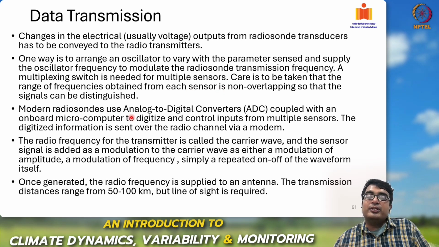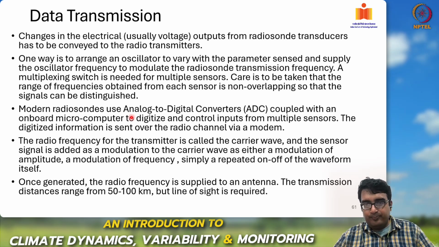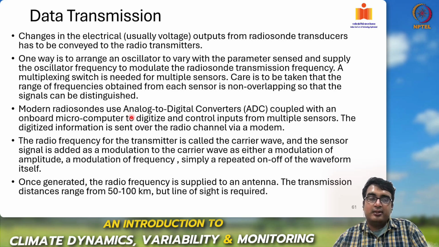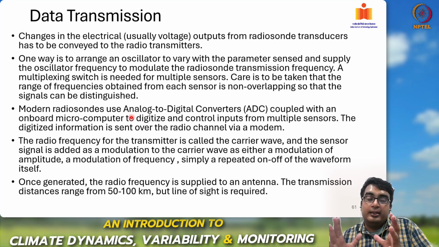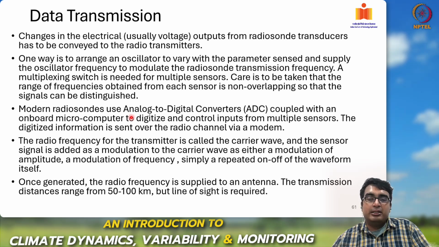Modern radiosondes use analog to digital converters coupled with an onboard microcomputer to digitize and control inputs from the multiple sensors. The digitized information is sent over a radio channel via a modem. So, modern radiosondes, instead of having this oscillator that is changing in frequency and sending an analog signal, convert the signal into digital form using an ADC, which we discussed earlier in the class, and there is an onboard microcomputer to digitize and control the inputs from these multiple sensors.